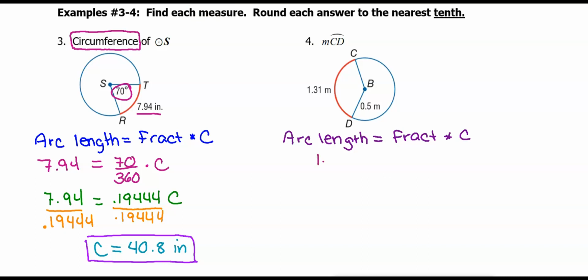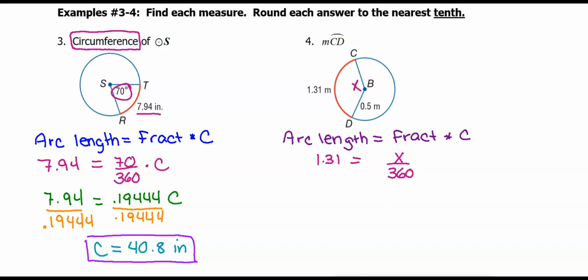The fraction is going to be the measure of this red arc, or the central angle. So I'm going to just say x for right now, x out of 360, because if I can find x, the measure of that central angle will also be the measure of arc CD.